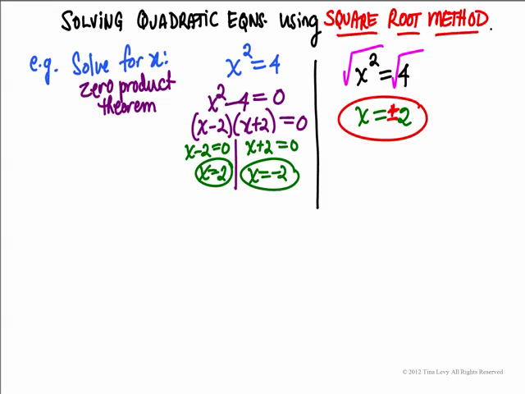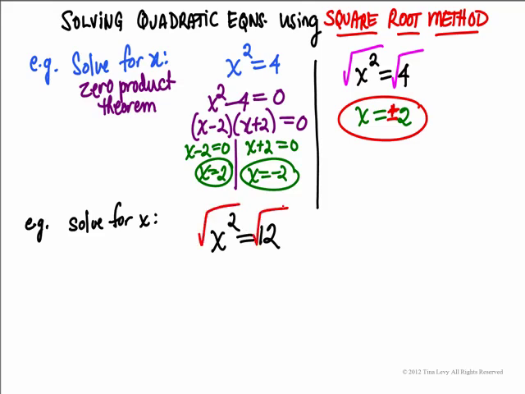We'll try this now. This method allows us now to solve equations that we could not do very easily with the zero product theorem. So for example, I might say solve for x squared equals 12. Using this square root method, I take the square root of both sides, and that gives me square root of x squared is x, and I'm going to get plus or minus radical 12.